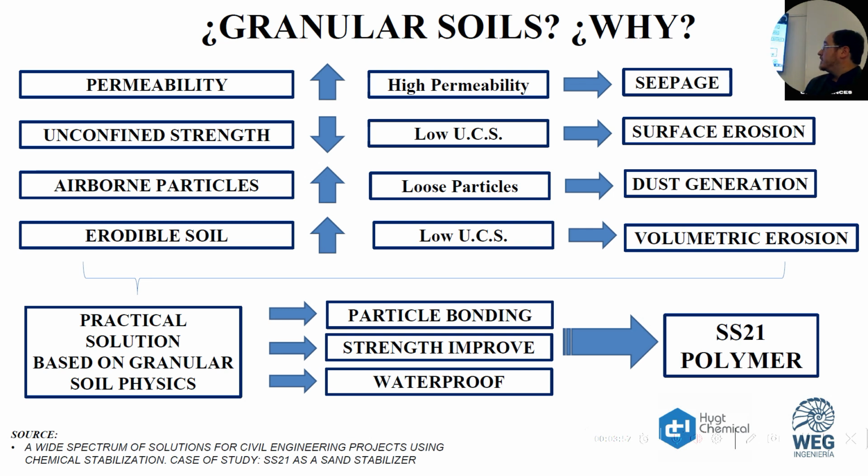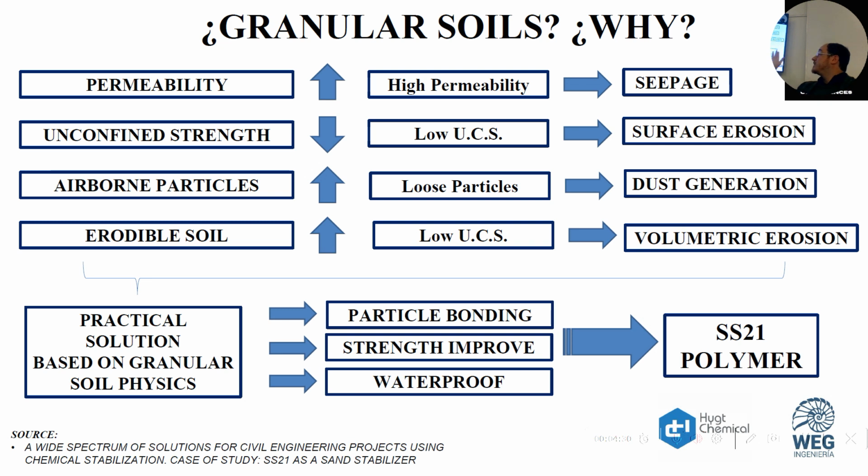Why granular soils? Because granular soils have several properties that are complex or problematic for use in geotechnical applications. One is permeability. Permeability in granular soils is usually high, so it leads to a lot of seepage. That is a big problem in, for example, water transport and other applications. The unconfined strength is low in granular soils.